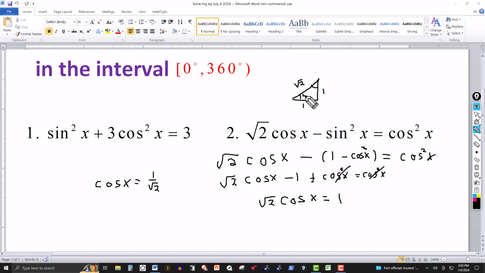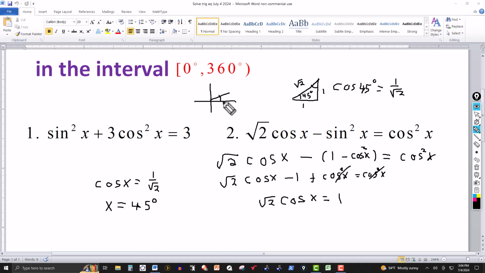So I know that the cosine of 45 degrees is equal to 1 over the square root of 2, adjacent over the hypotenuse. So I know that an angle that has that value is 45 degrees. So you can treat 45 degrees as your reference angle. That would be in quadrant 1, so that's 45.